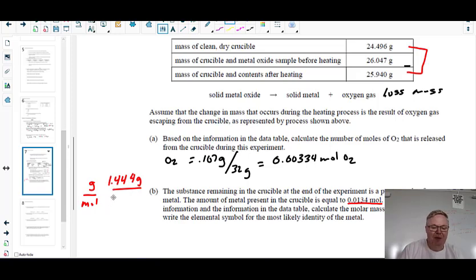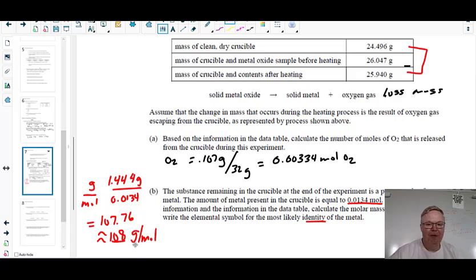If I divide that by the 0.0134 moles, we get a molar mass of about 107.76, which is approximately 108. So in order to figure out the identity of this metal, we just need to figure out what has a molar mass of around 108 grams per mole.